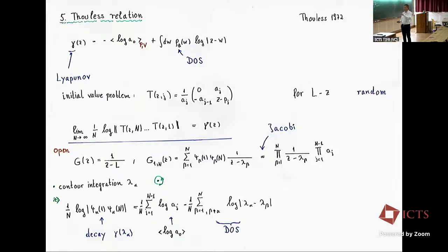Maybe it's too late to go through the slides, but I will just look at the top line. The Thouless relation is a relation between the Lyapunov exponent, which is explained if you don't know, and the density of states. And you see that the two things are connected through the logarithm.